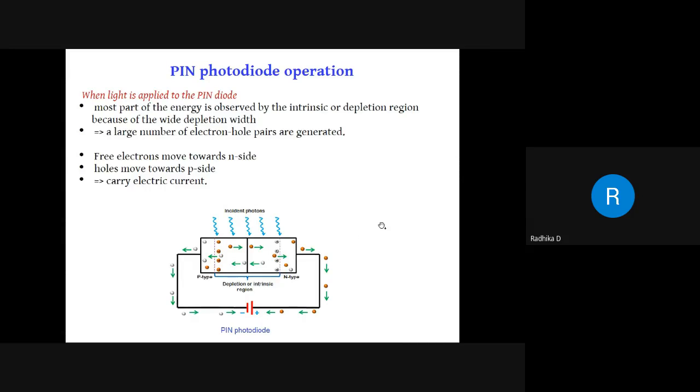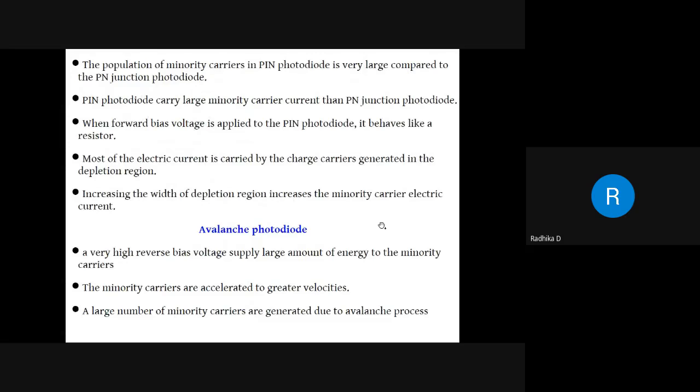Now there is one more photodiode which is called the avalanche photodiode. What will be happening here in case of avalanche? We talked about avalanche in the previous class, right? What was happening in avalanche? Charge carriers go and hit some ions and they produce new charge carriers.